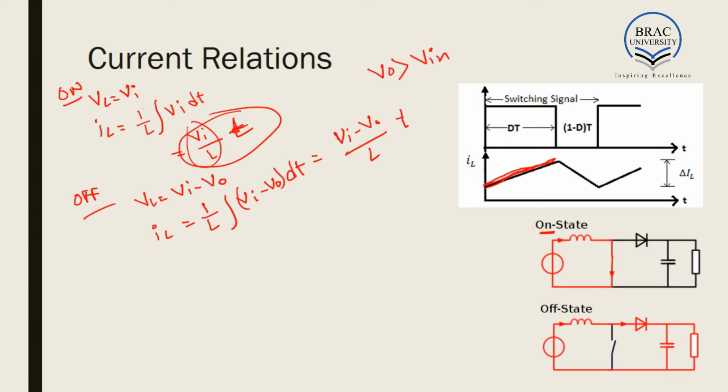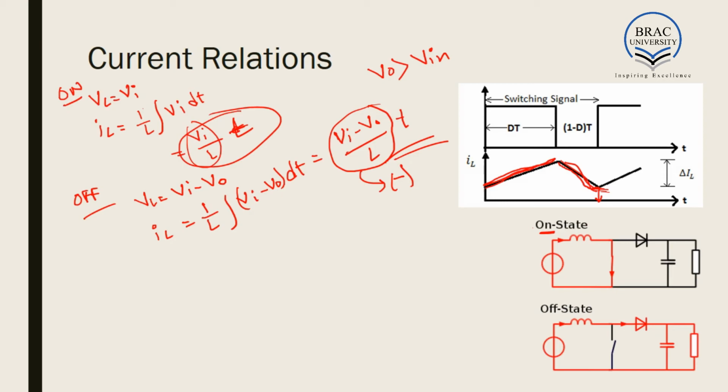As a result, we get this as a negative value, so the slope of this straight line will be negative and the current will decrease. So while designing a boost converter, we have to make sure it maintains continuous conduction mode. That is, the current through the inductor never gets to 0 or below 0.